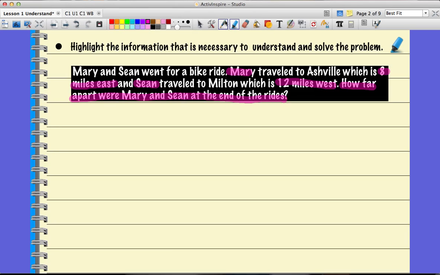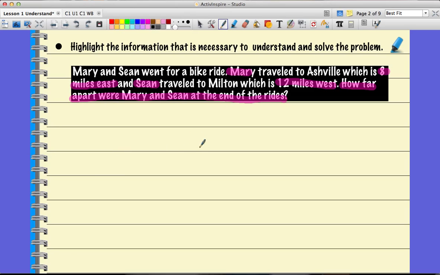Because they went different directions, that's why their direction is important. Because if they went the same direction, they'd be less miles apart than when they went in opposite directions. Right? And you always want to make sure to highlight the question. That's the most important part of the word problem. You need to know what you're looking for.